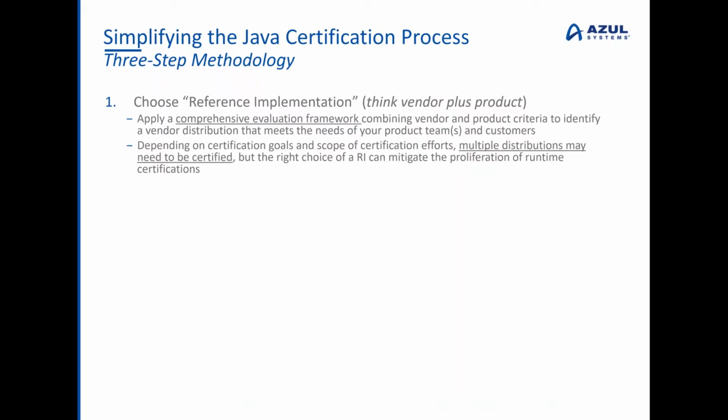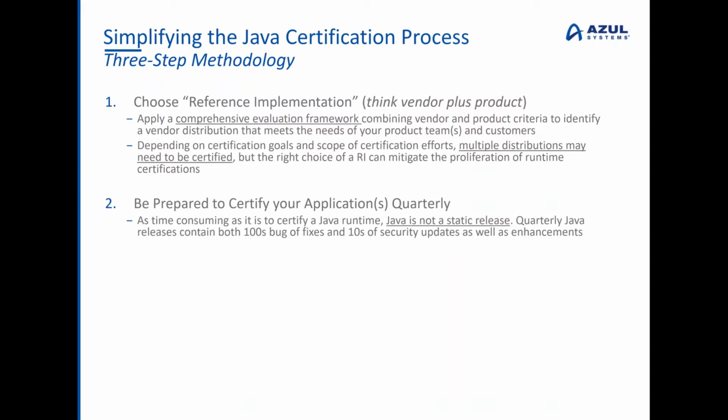This methodology doesn't say that real work isn't needed, but a reference implementation can really help mitigate the proliferation of other open source Java runtimes that you may need to certify. So maybe you can get this down to 2 certifications rather than 4, 5, or 6.